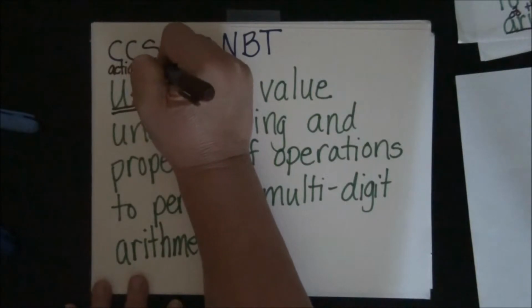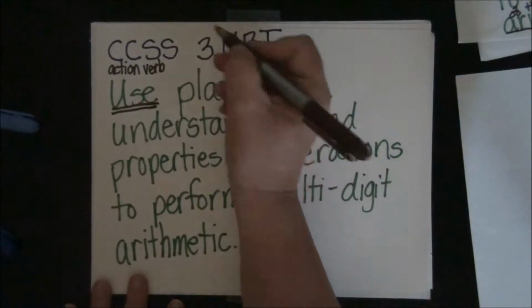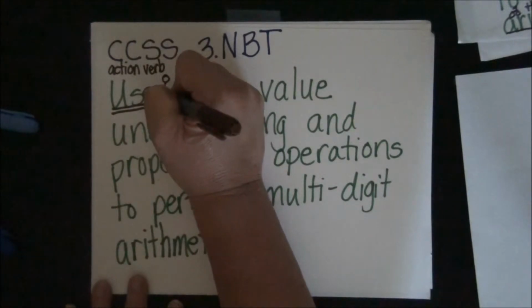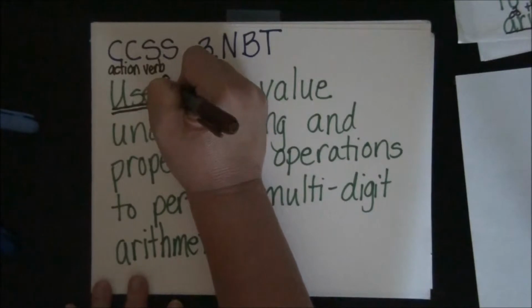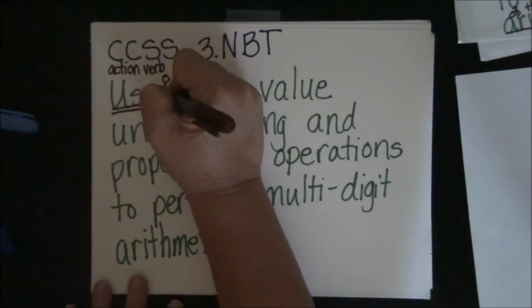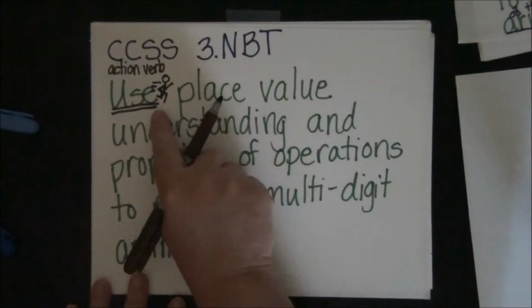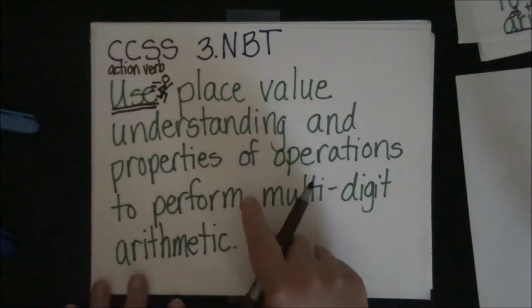So this is something that you are going to be able to do by the end. I'm going to use my little action verb icon. It's a little running guy. I'm not very good at drawing, so don't laugh at my drawing. Well, you can laugh because I won't hear you. I'm not in your house. Here's a little guy running, little running lines, okay? So use is an action verb. You will be able to do this by the end of the lesson.